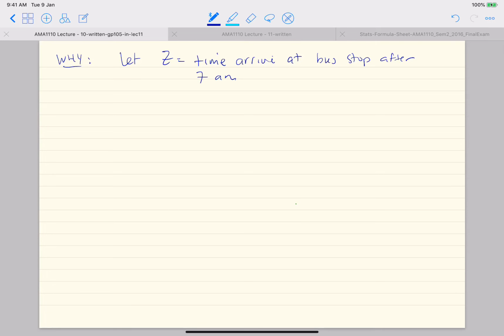Then the probability that you wait less than 5 minutes is equal to the probability that you come between 7:10 and 7:15, because if you come during this time, you just wait less than 5 minutes for the 7:15 bus to come in.